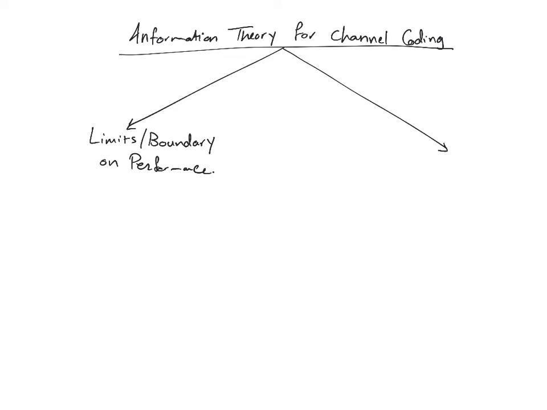In the source coding situation, this was basically the entropy. When we discussed the entropy of the source, we found that this is a limit on performance of any source coding technique. Similarly, for the channel coding situation, we will see how we can find theoretical limits on the performance of channel coding.